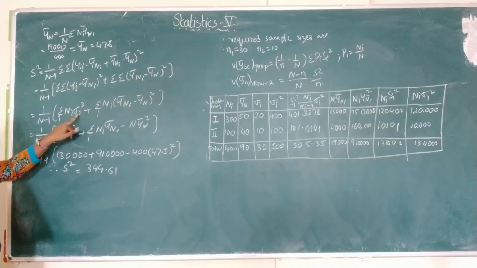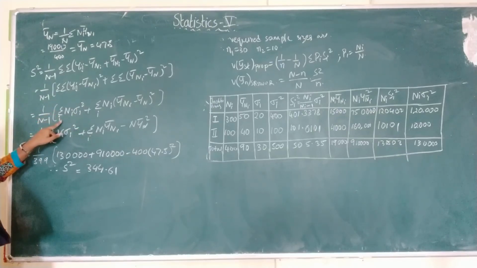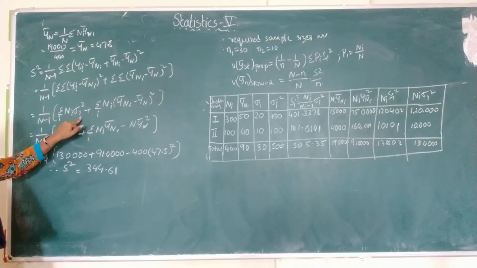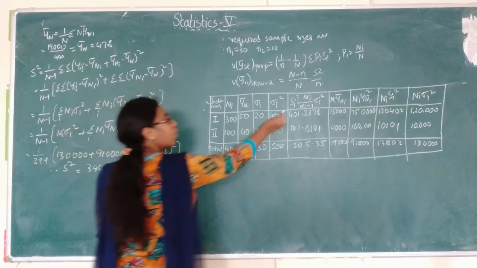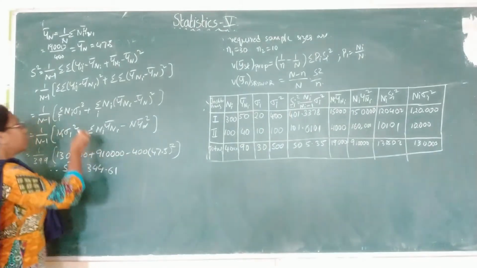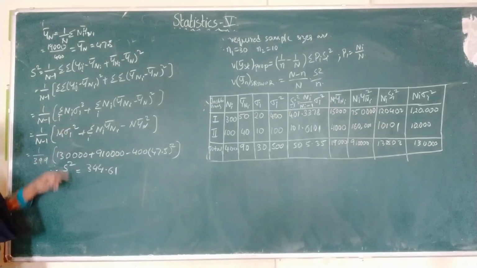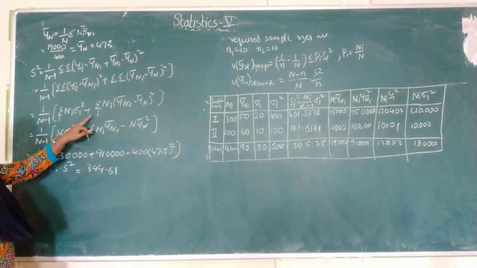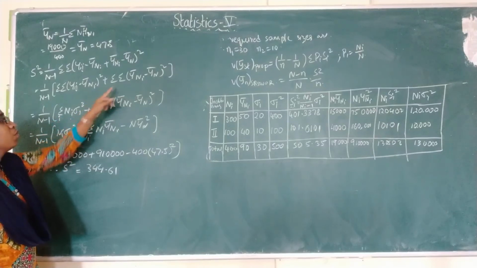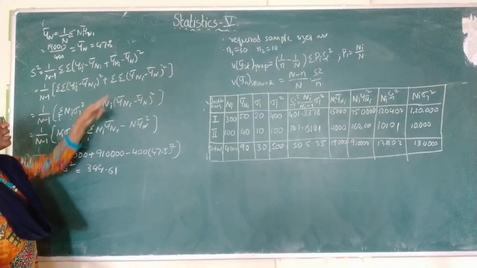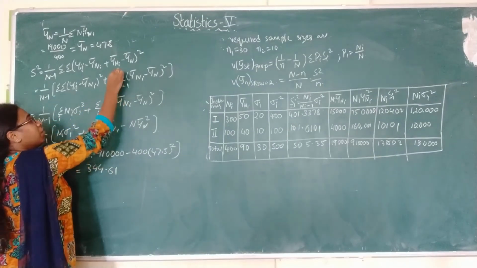So if you consider sigma i square, then you can write this value as summation over i Ni into sigma i square. I have shown how to calculate this formula: you will get summation Ni into sigma i square, plus summation over i, where summation over j ranges from 1 to Ni.